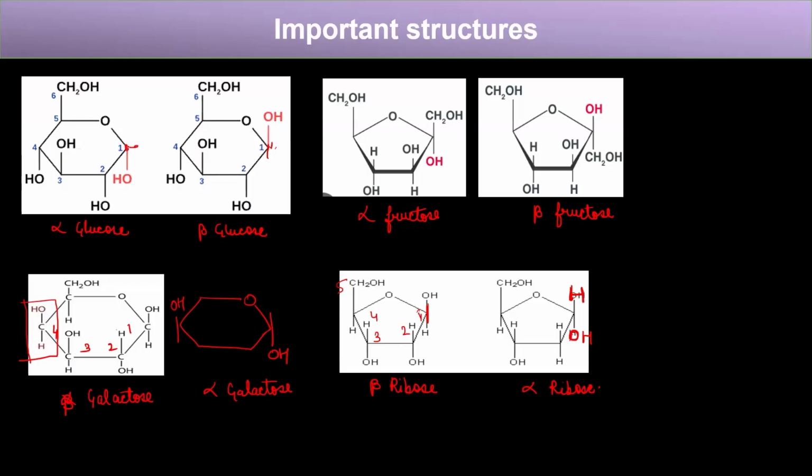This is your carbonyl carbon, this is your carbonyl carbon, and this is your carbonyl carbon. If you see any of these carbonyl carbons, none of them are involved in any other bond formation, right?